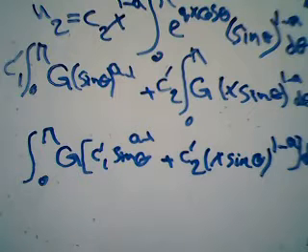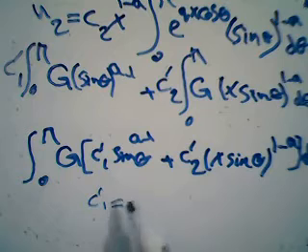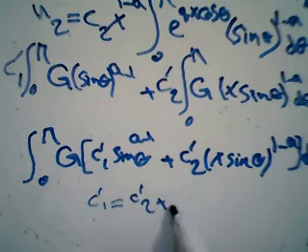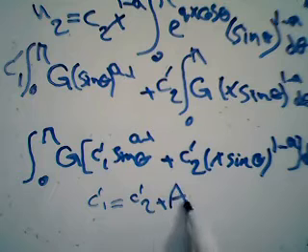Now let's write this C prime 1 as C prime 2 plus some other thing. Let's call that A. Now these are constants, so we could write it, no problem.